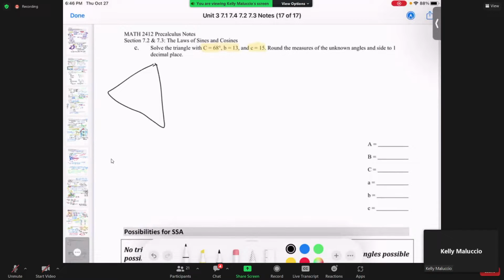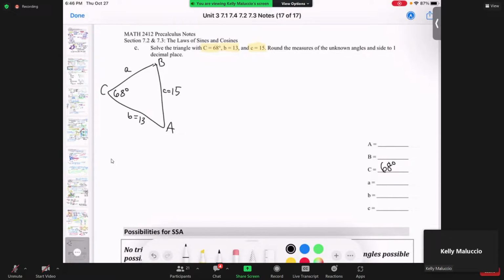Okay, so 68 degrees, I'll make this my C. I'll make this B and this A, which means little c is over here, that's 15. Little b is over here, that's 13. And little a is there. Let's fill in what we know: 68 degrees.